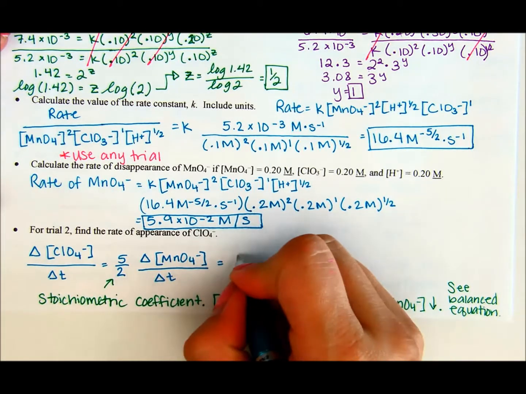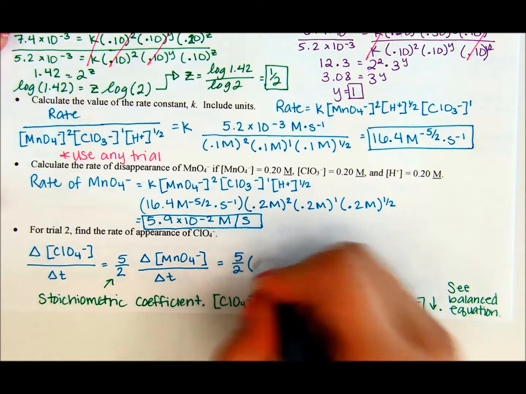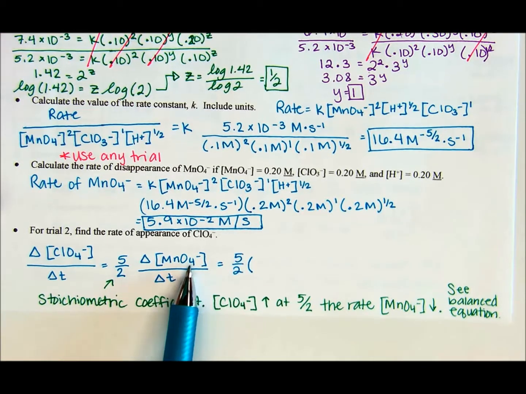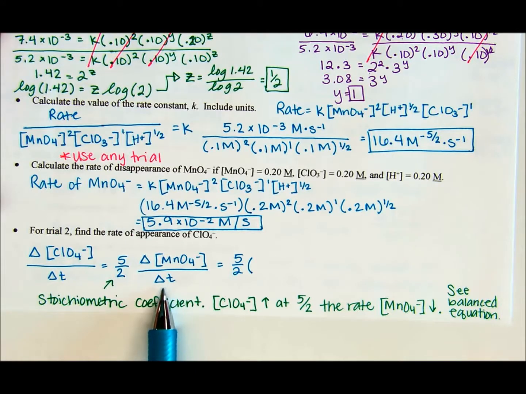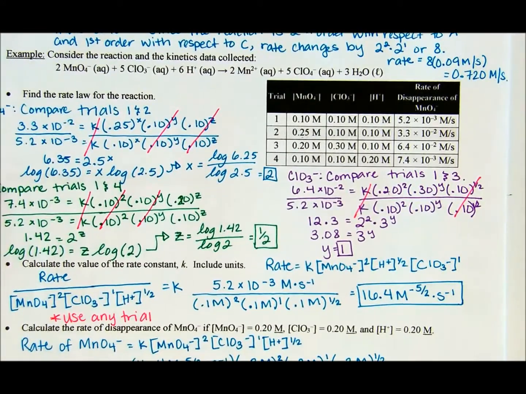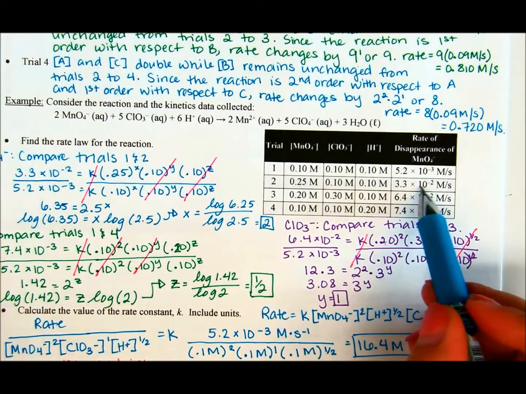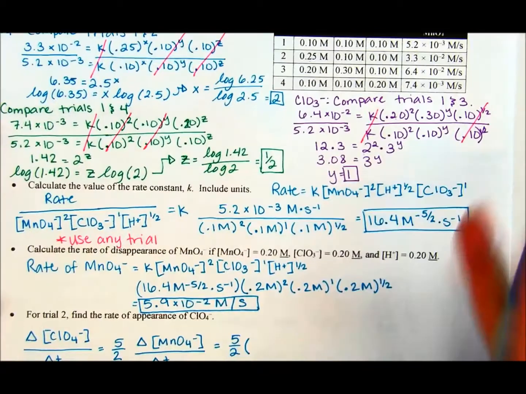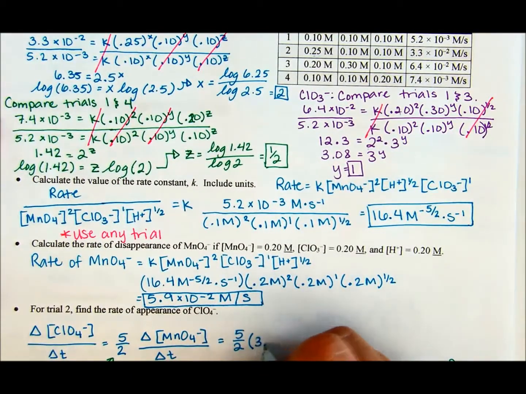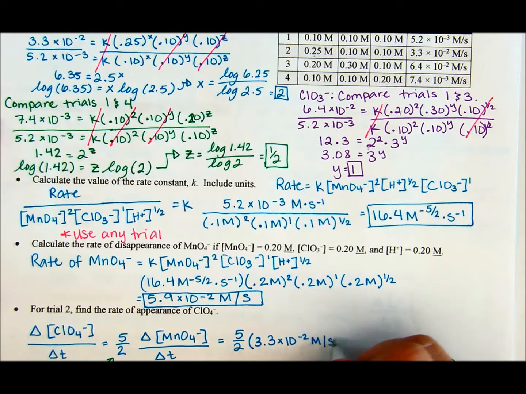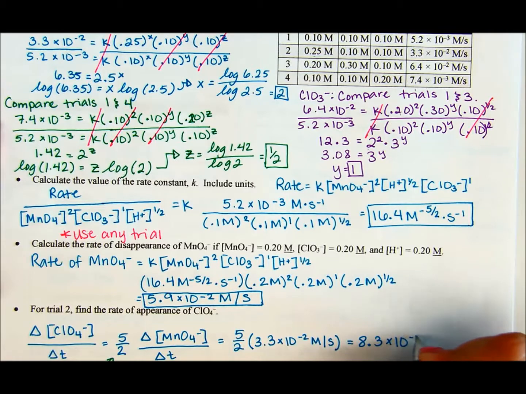And that's going to equal, we're just going to carry that 5/2 over, times the change in MnO4 minus over time, that's just our rate, and that rate is actually given to us here, so we can use this rate here, we can really use any rate. Okay, and then plugging that in, you should get 8.3 times 10 to the negative 2 molar per second.